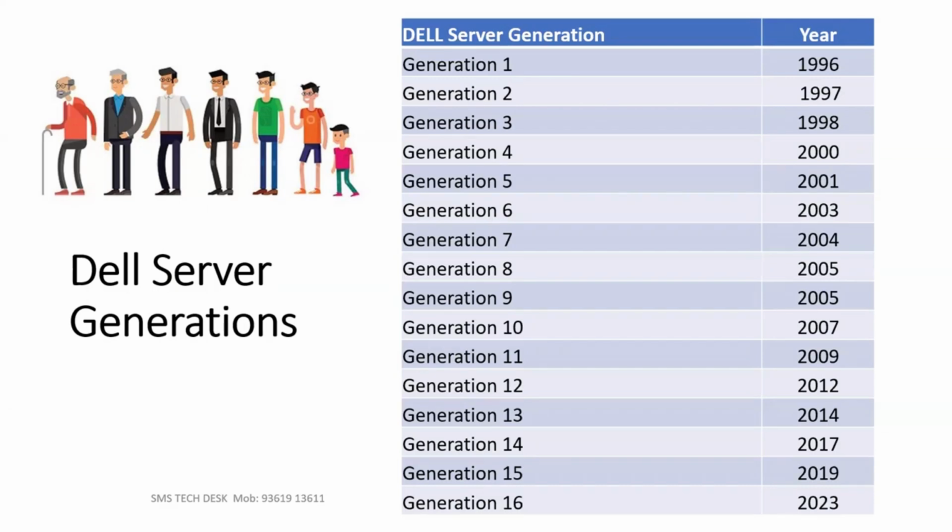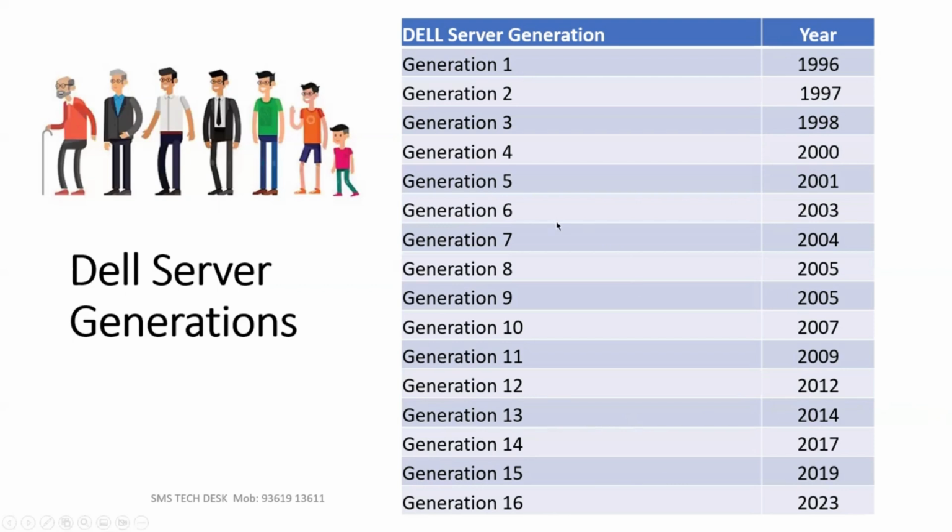Say, for example, when was VxRail introduced? That is in the year 2016, right? If it is 2016, what do you think, which generation of servers has been used in VxRail? Hello? Yes, hello.